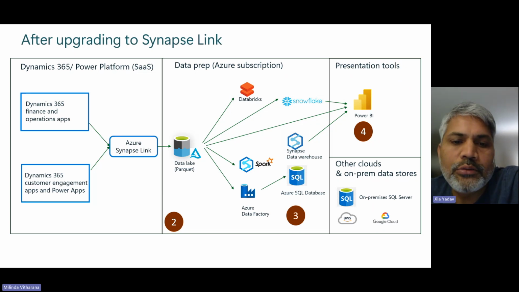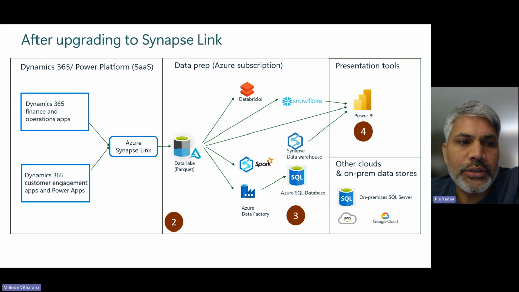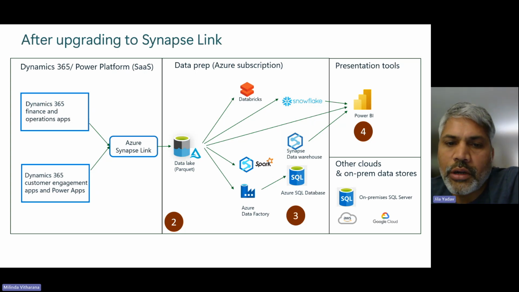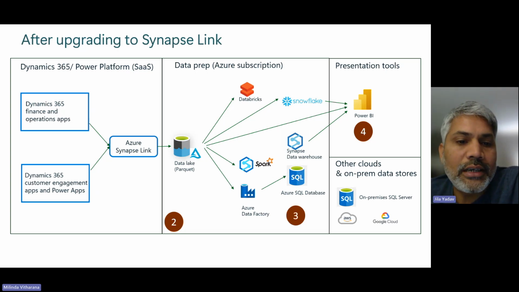And from here, you can use your existing architecture components, which you were using before, to further process and prep this data the way you are doing today, and then do the Power BI reporting. There is an advantage of the Delta Lake here.